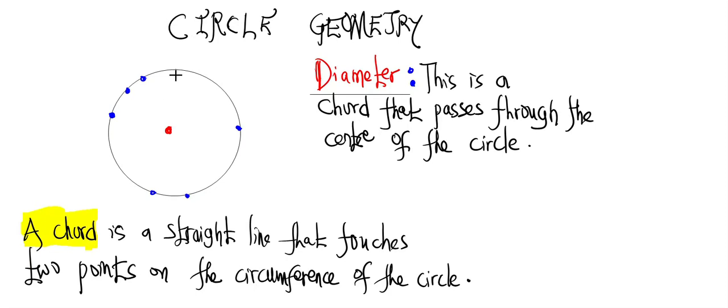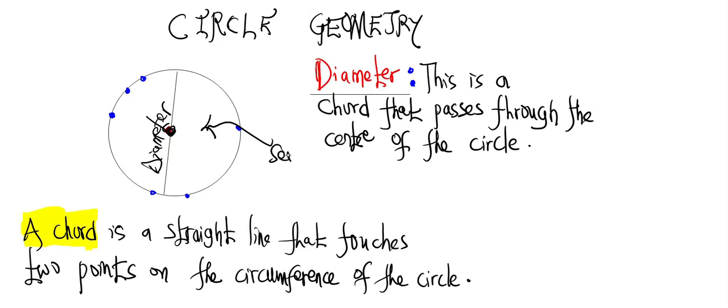So once you have a straight line that passes through the center of the circle and touches 2 points on the circumference, the line is called a diameter, and it divides the circle into two equal halves.